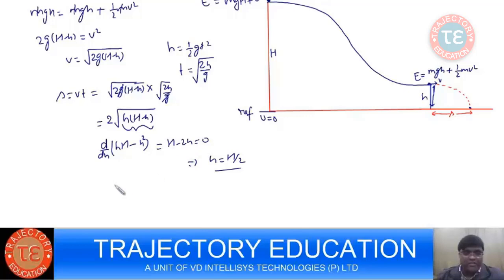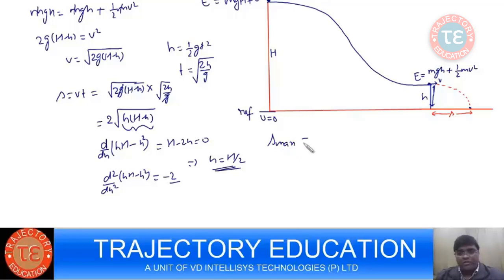D by dh is H minus 2h. And in fact, when you take the double derivative, it's minus 2, which is negative. It will give you maxima. So h equal to capital H by 2 will give you the maxima.